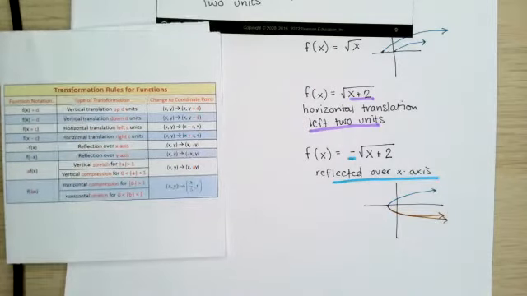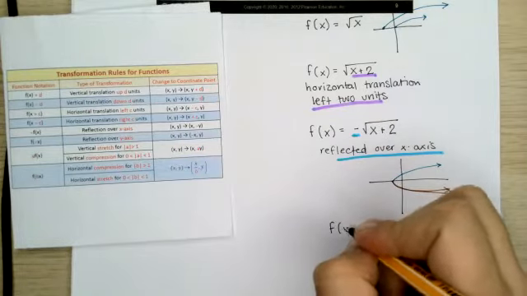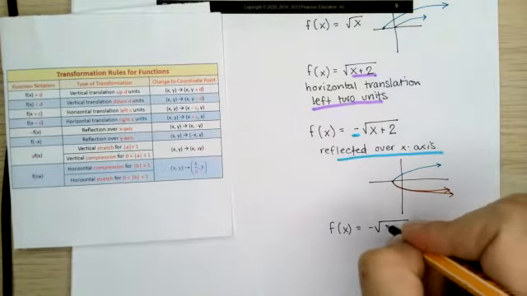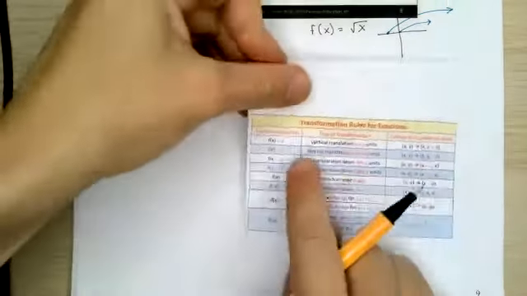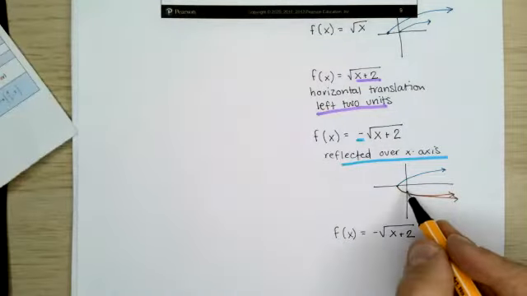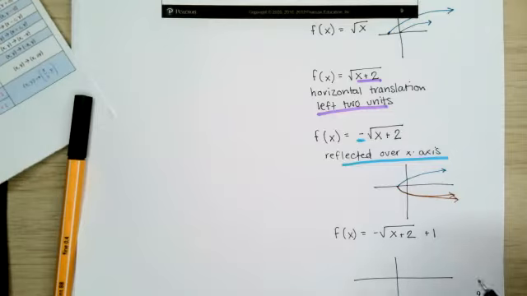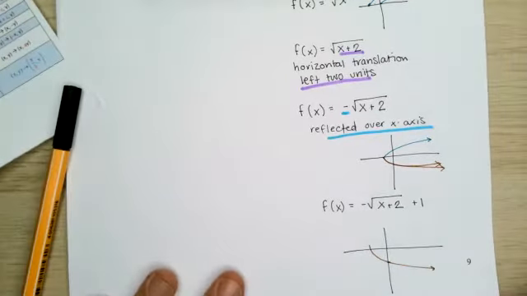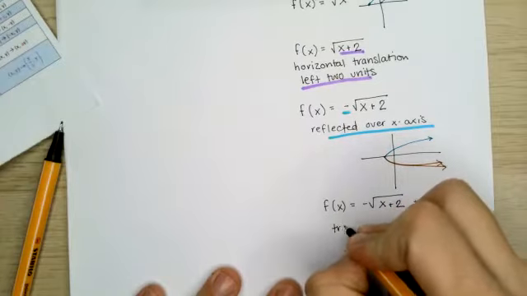And then finally, we have +1. The 1 is outside the grouping symbols, so that means it's a vertical translation up 1 unit. So that now looks like, too steep, but now it looks like that. It has been translated up 1 unit.